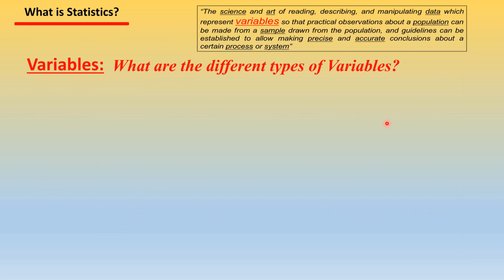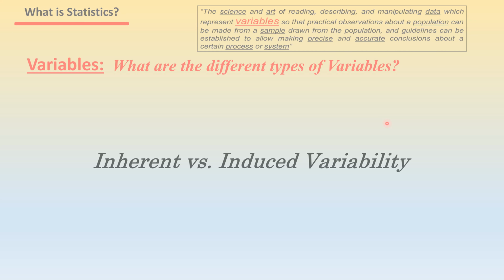So variables versus constants. Well, you need to keep in mind that variability can either be inherent or it can be induced. The reason each one of us looks different is because God made us that way. We call this inherent variability.